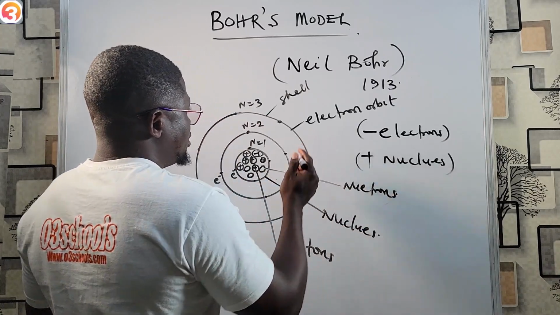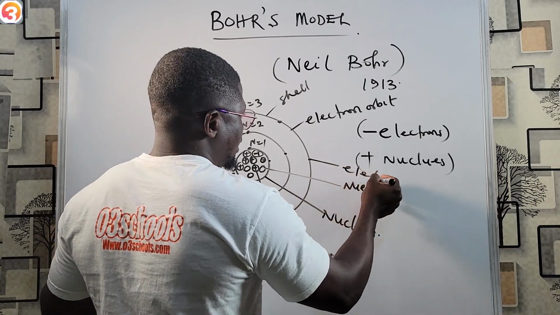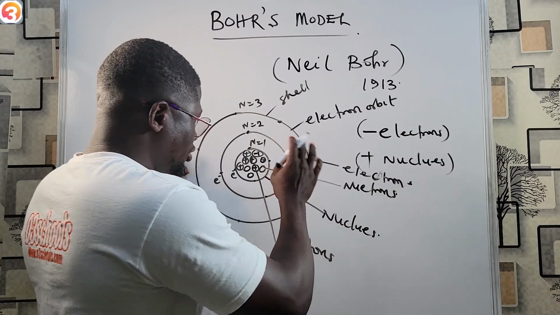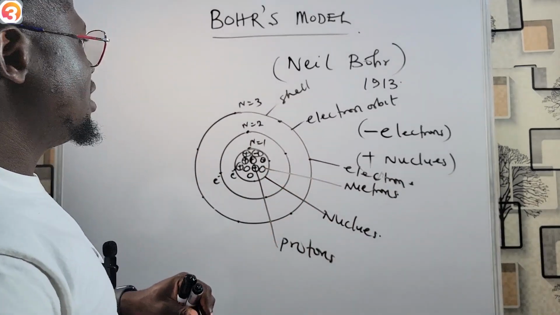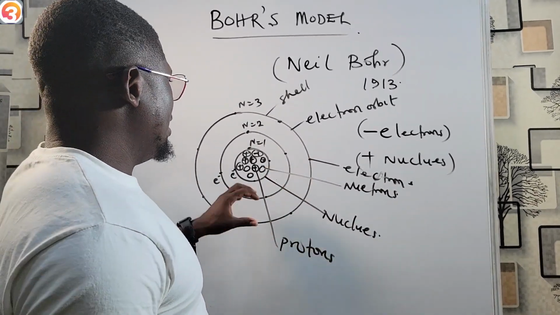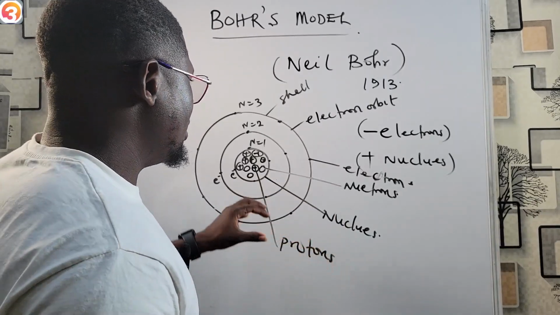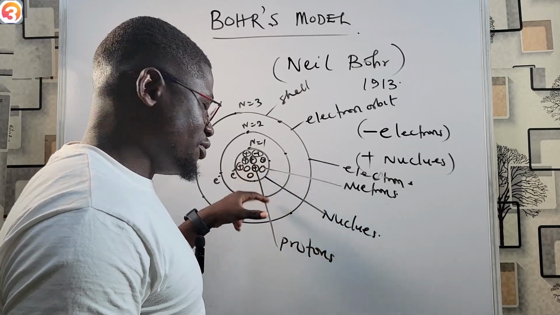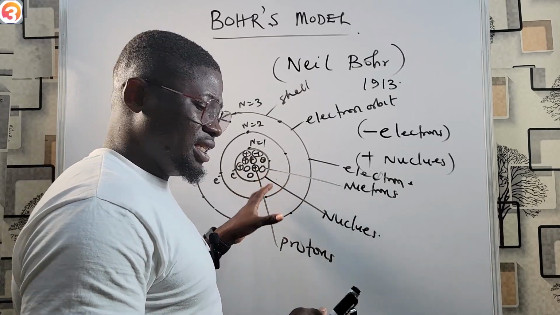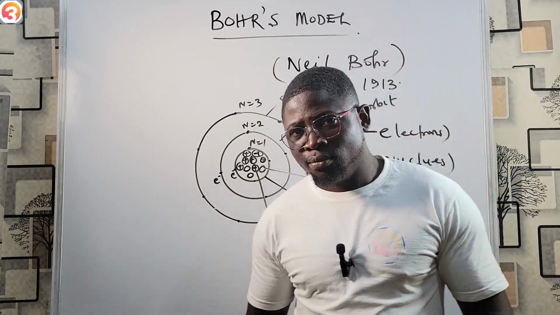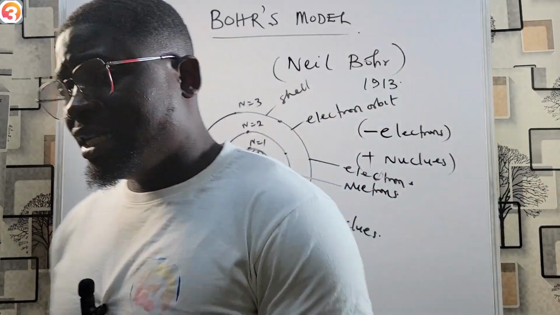These are electrons orbiting around the nucleus of the atom. So this is what Niels Bohr proposed: a generally positively charged nucleus, and electrons revolving or orbiting around it. It's nothing very difficult to understand.